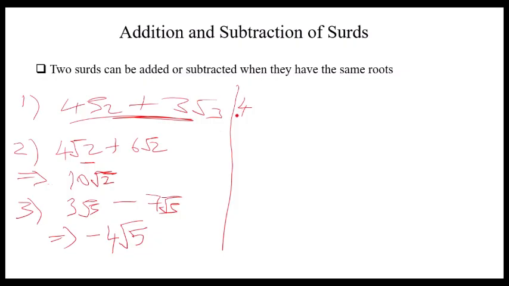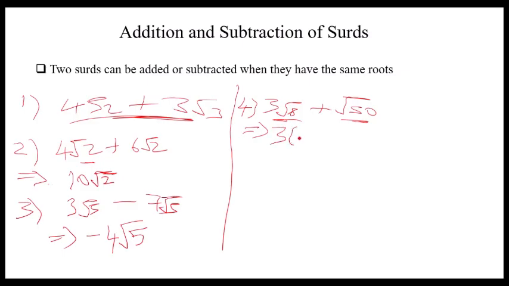Let's continue. Let's take another example. 3 root 8 plus the square root of 50. In this scenario, what are we going to do? The first thing we are going to do is look at this and this. They can still be factorized, right? Yes.